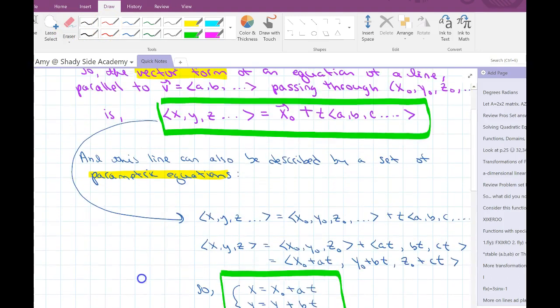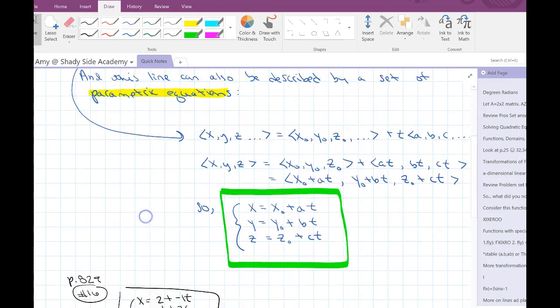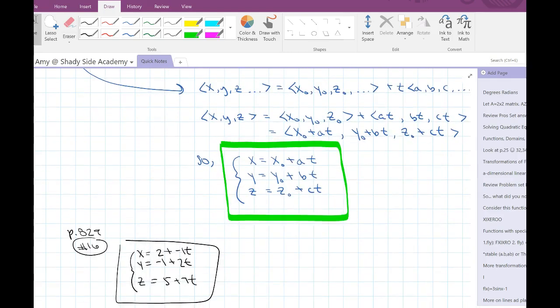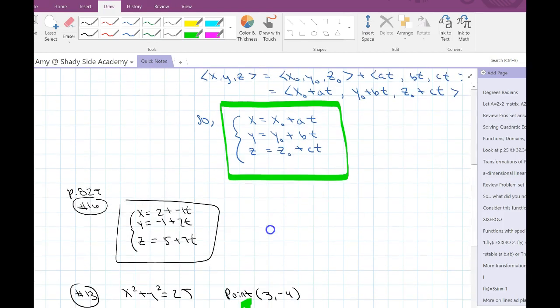Let me ask you this question. If you had 2 lines that were both described parametrically, so you have one line described by this set of parametric equations, and another line described by a set of parametric equations, okay?